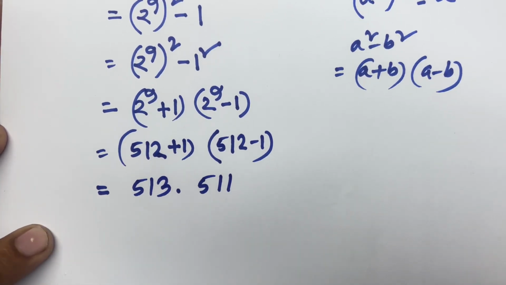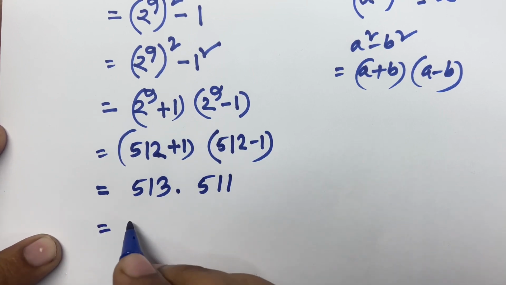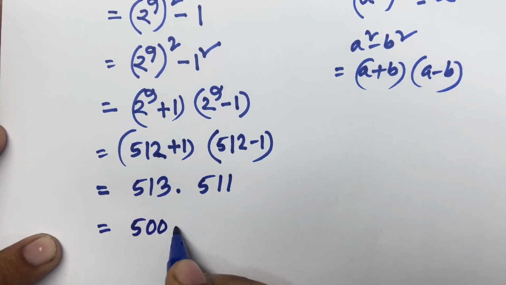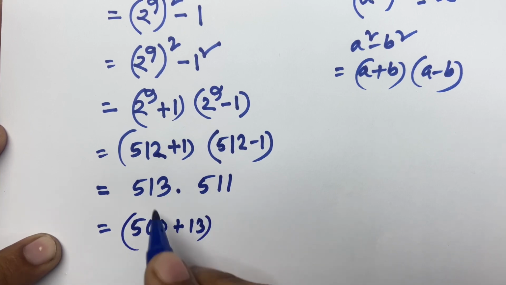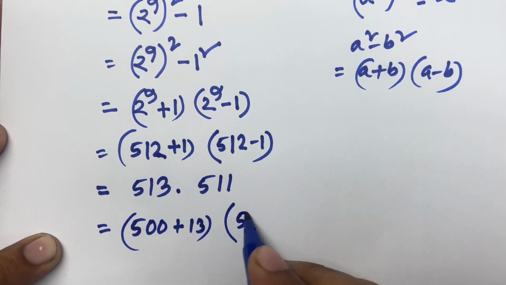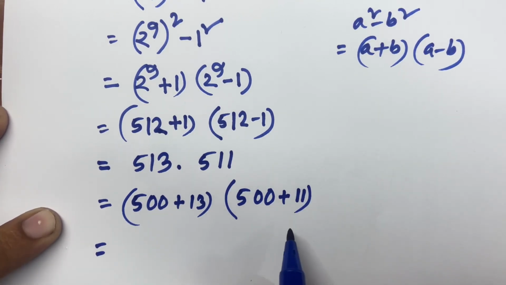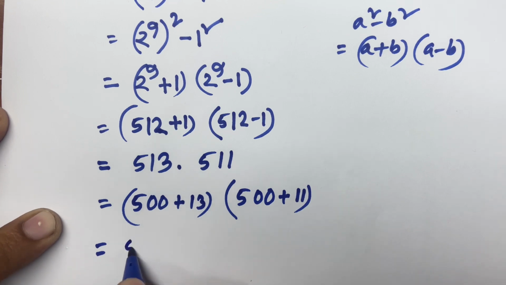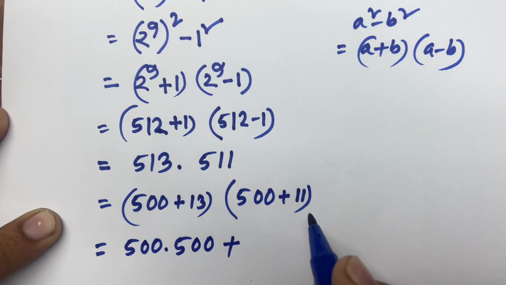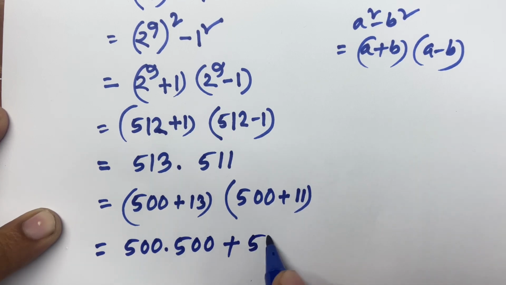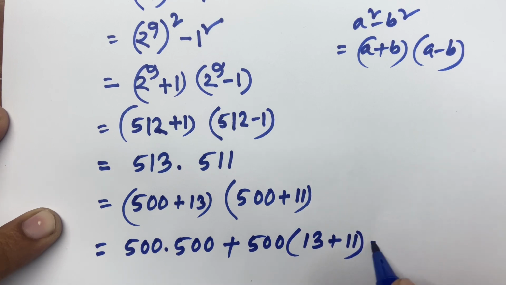We know that 500 plus 13 equals 513 and 500 plus 11 equals 511. Now if I multiply both, I can say 500 times 500, and 500 times 13 plus 11, and 13 times 11.